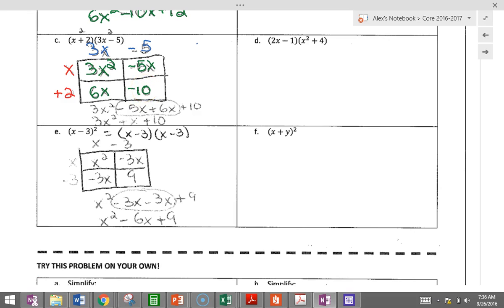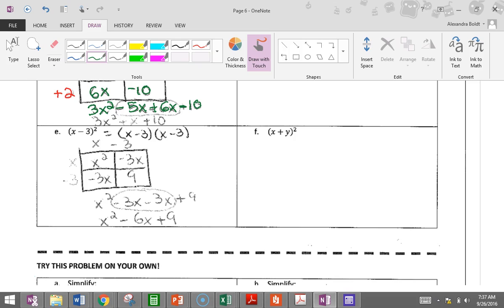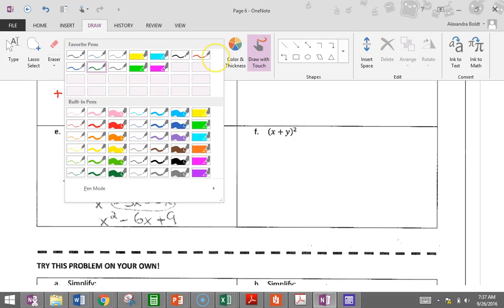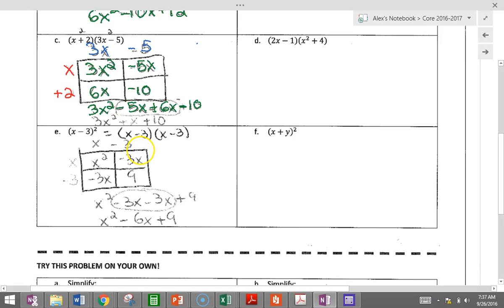So writing these out, I have 3x squared minus 5x plus 6x minus 10. So then again, I have to look for like terms. And if I see here, I have a negative 5x and a 6x.